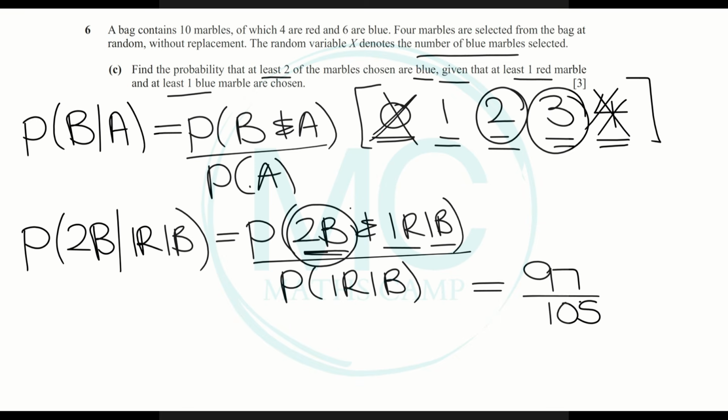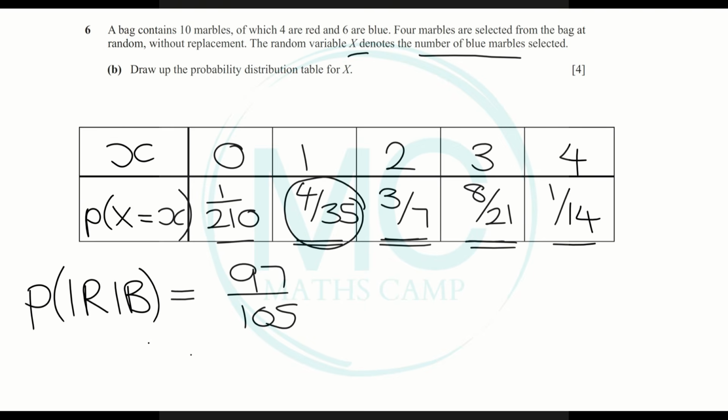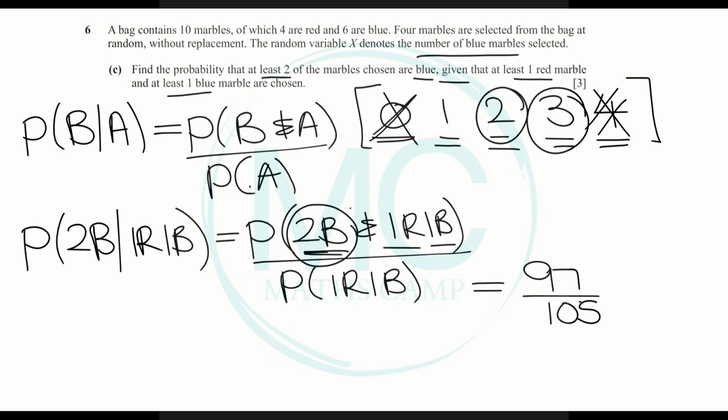So these are the probabilities we need to consider. So let's have a look at our distribution table. Probability of 2 blue marbles, 3 over 7. Probability of 3 blue marbles, 8 over 21. We need to add these together. So I can say 3 over 7 plus 8 over 21 is equal to 17 over 21. This is the probability of at least 2 blue marbles and at least 1 red and 1 blue.